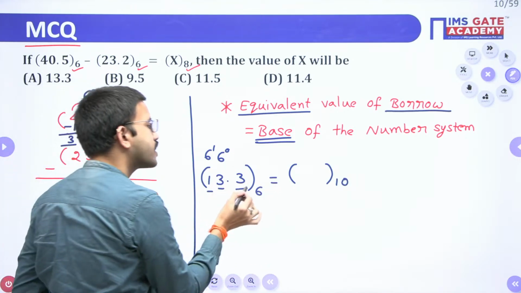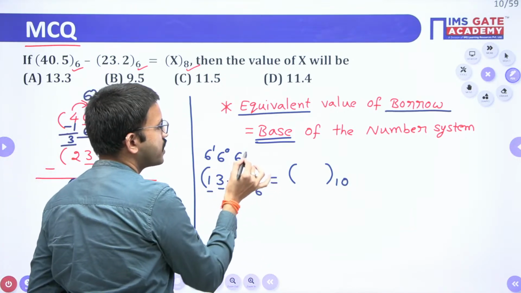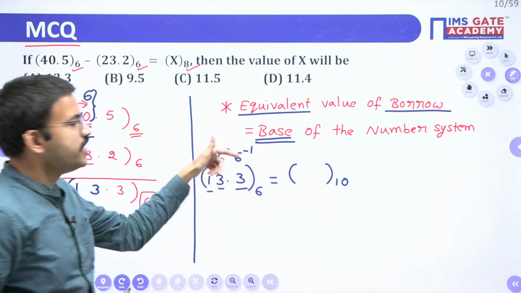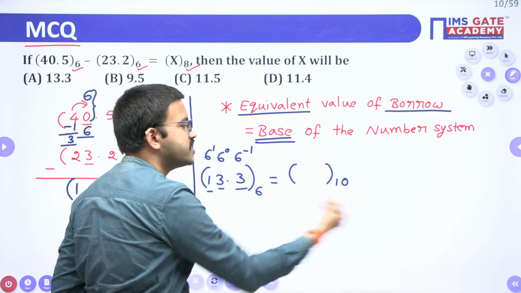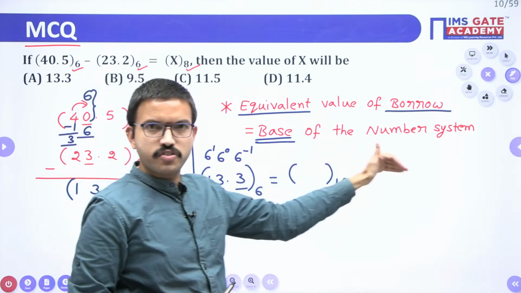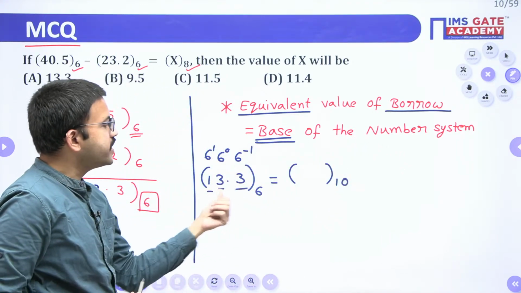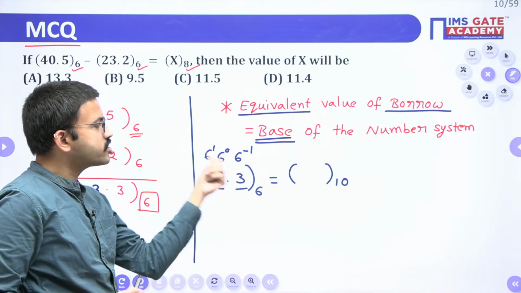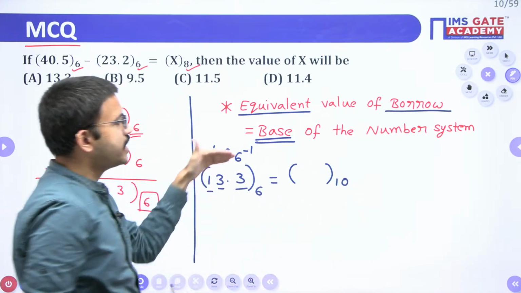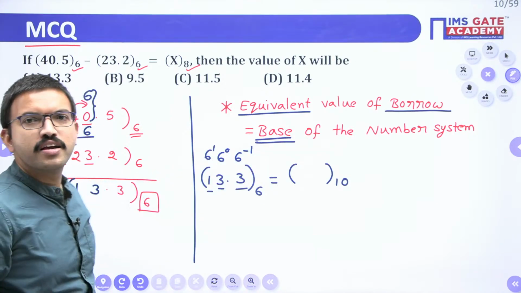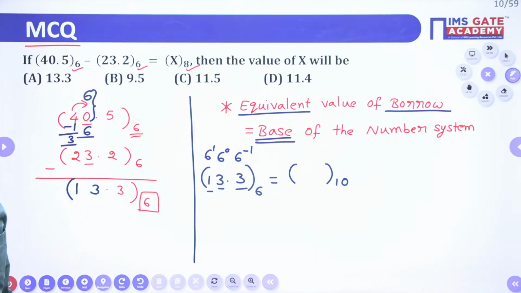The positional weight for this digit will be 6 power minus 1, right? If you have more digits towards this side, negatively increasing powers of base. For the integer part, towards the left-hand side, positively increasing powers of base. For the fractional part, towards the right-hand side, negatively increasing powers of base.